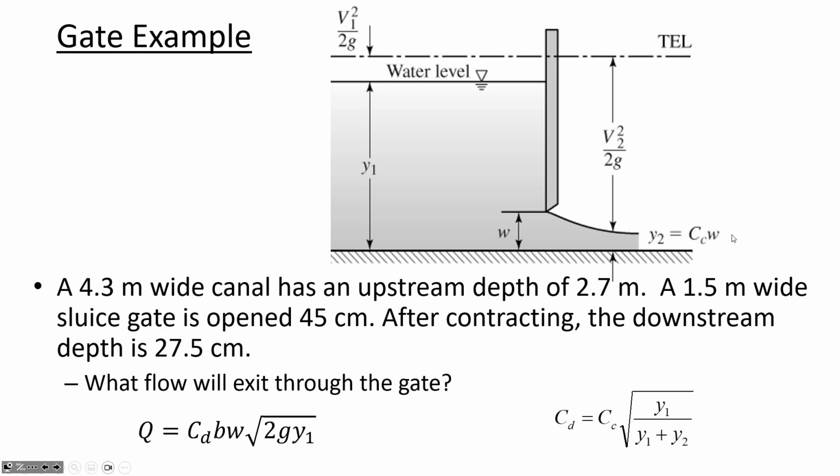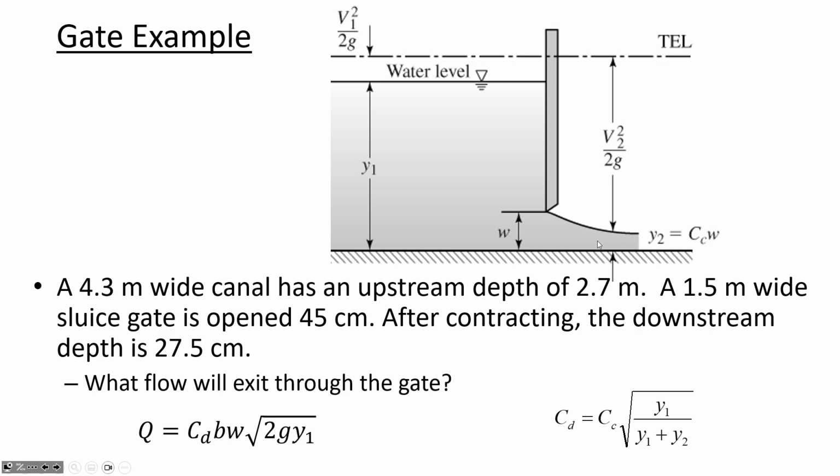So here's 1.5 meters is the gate. So you could think of it as like there's a concrete wall, and then the gate is being raised and lowered in some opening in the concrete wall.